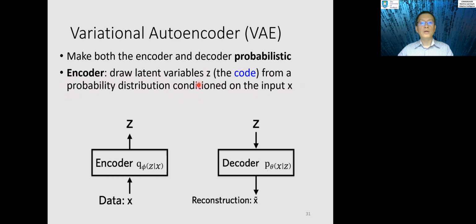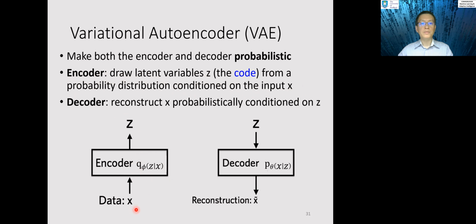So we will draw the latent variable from a conditional distribution conditioned on the input x. For the decoder, it will reconstruct x also probabilistically, and this time conditioned on the latent representation z. So it will reconstruct x by sampling from this distribution.